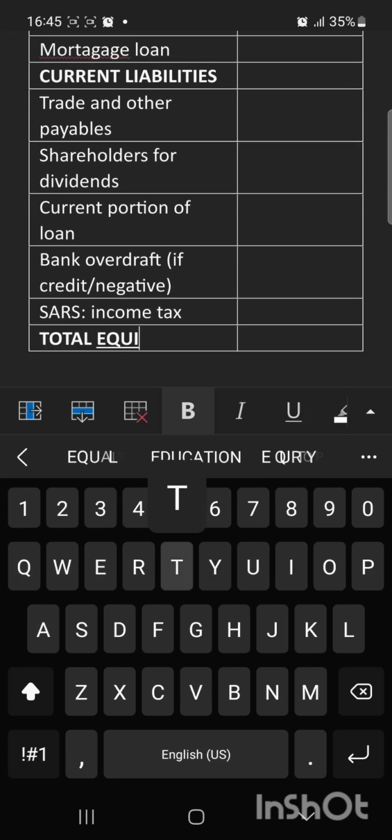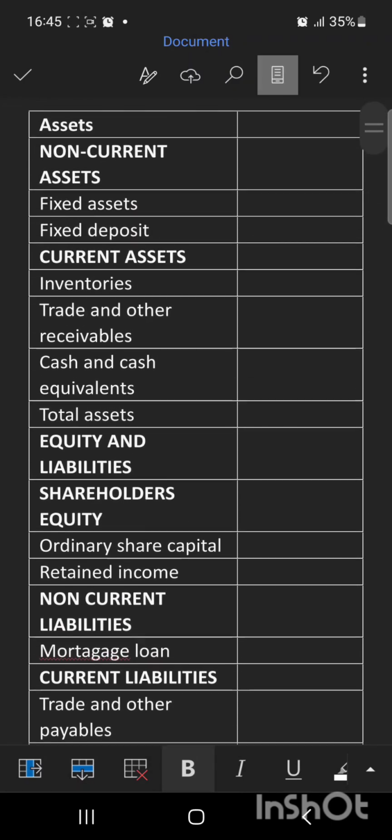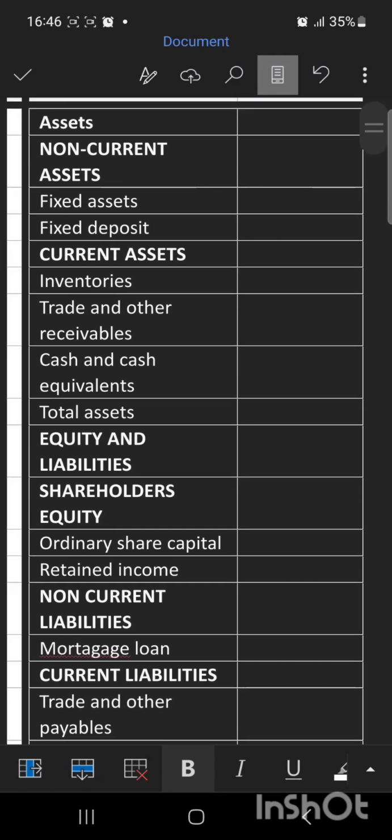Total equity and liabilities. All right, so this is how your balance sheet looks like.